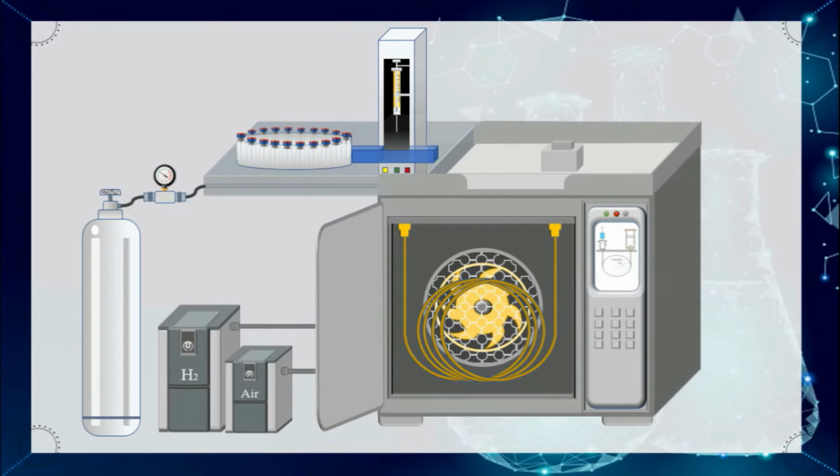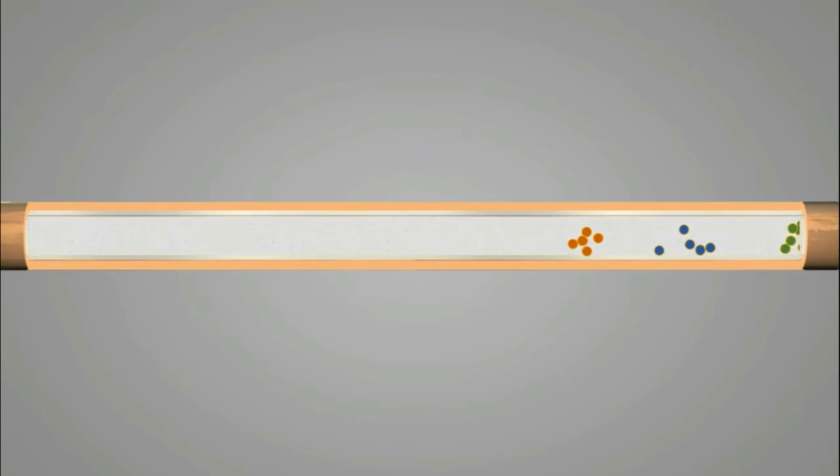Now we'll see the detector, for example, we have used a flame ionization detector. How will the detector analyze the component? We can see here, this is the column. Our sample or our eluent will come by this direction. However, it will not come directly.